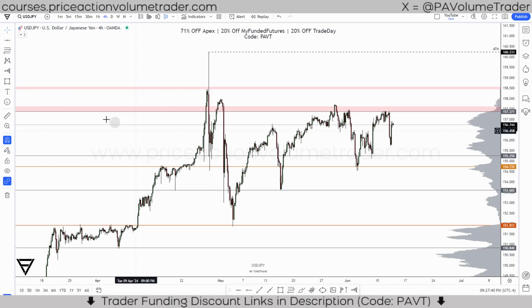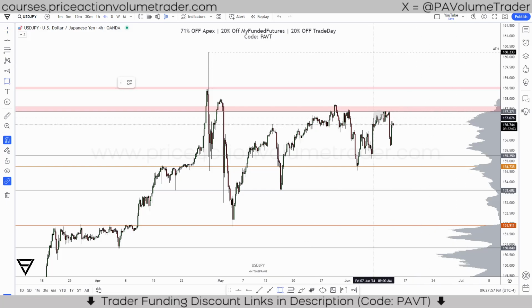And now let's just start marking off support areas. Now, do I mark every single one of these little things here and everything? No. I mostly focus on the most significant levels.